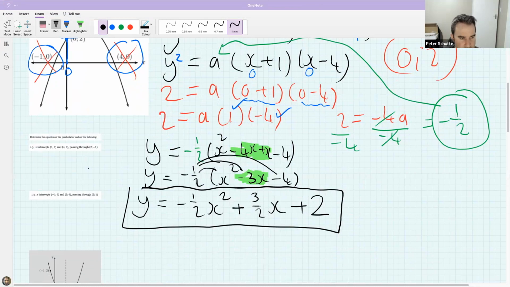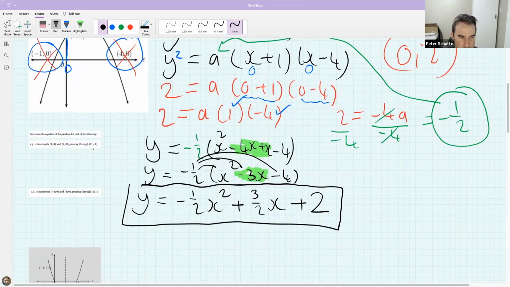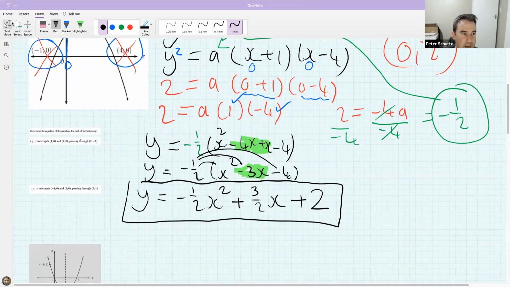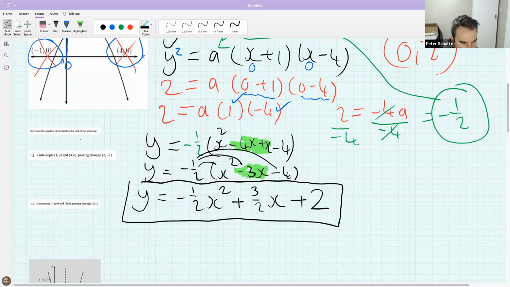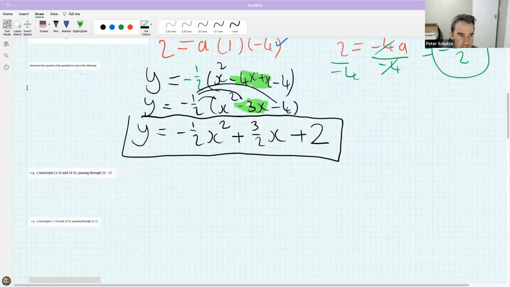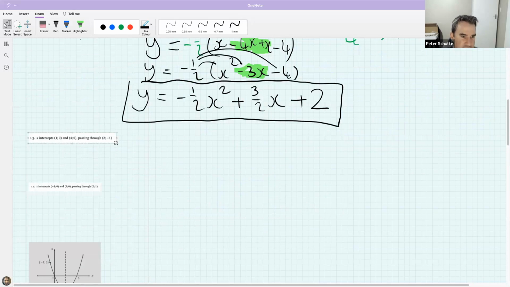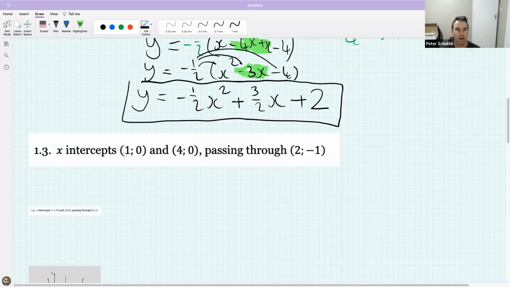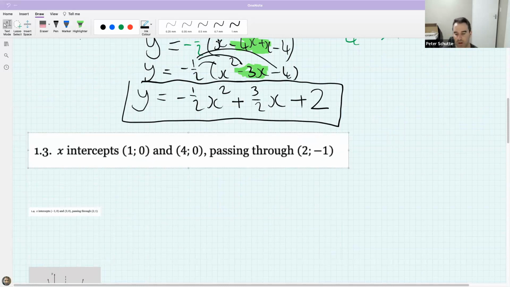Okay, now I've showed you how to find the equation of the parabola if you're given a graph like that. Another way of presenting that type of question is, instead of giving you a graph, to give you the actual information. Because of time, I'm not going to actually do this one, but I just want to show you how it's very much the same method.